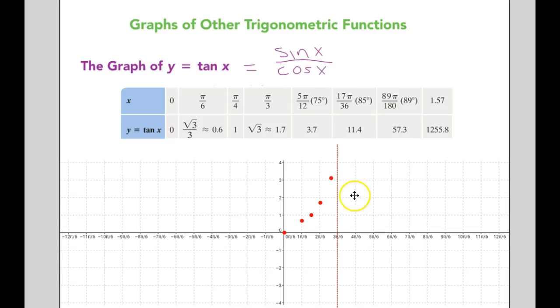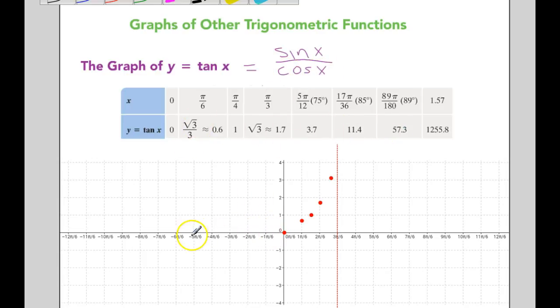So as we make our way in the negative direction, we're going to see all these same points again. It's just in the opposite direction. So negative pi over 6. Remember, sine of a negative is a negative. Cosine of a negative is the positive version of that number. So we end up with a negative divided by a positive, which is a negative. So we're going to get the same outputs because it's positive sine divided by positive cosine when we're going this way.